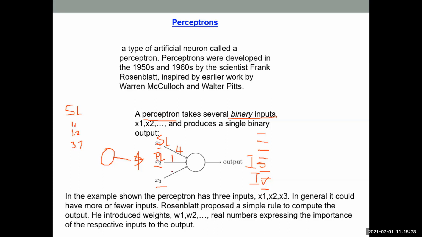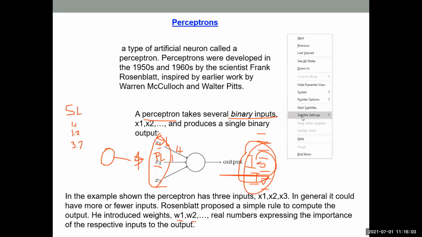So he put these weights here to indicate how important these inputs are in predicting whatever we're trying to predict. We call them weight w1, weight w2. These are real numbers expressing the importance of the respective inputs to the output. So how important are these inputs in making our guess? We put some weights here to say, you're 4 times more important than you are. Okay, so that's what we say.